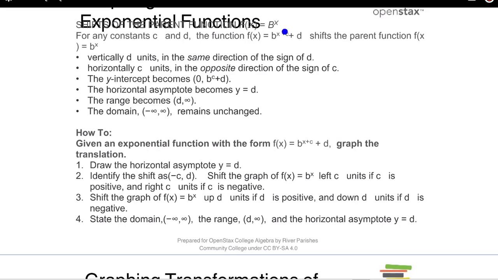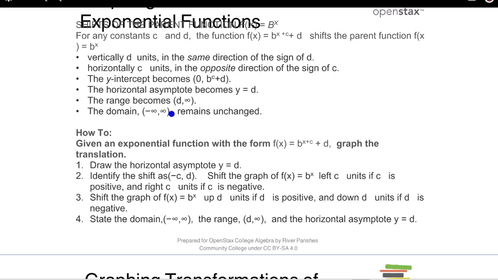As you may recall, the plus c added to the x is going to be a horizontal shift. It's going to go the opposite direction of c. The d is a vertical shift. So what does that change? Well, that's going to change the range, which was from 0 to infinity. Now it will be from d to infinity.